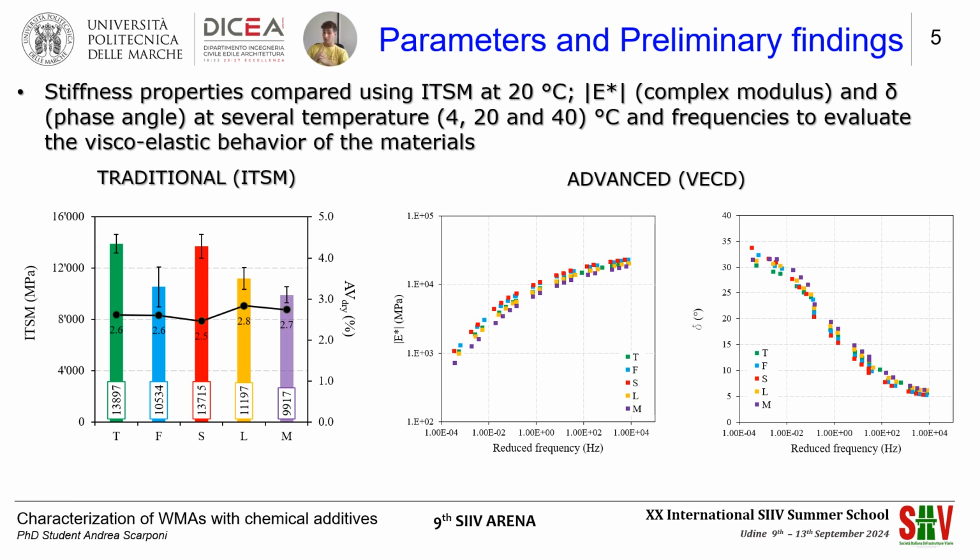It should be underlined that there is a difference in the loading of the test. The traditional one is indirect tensile, and the advanced one is axial load. On the other hand, about the phase angle value, the mixtures are quite similar.